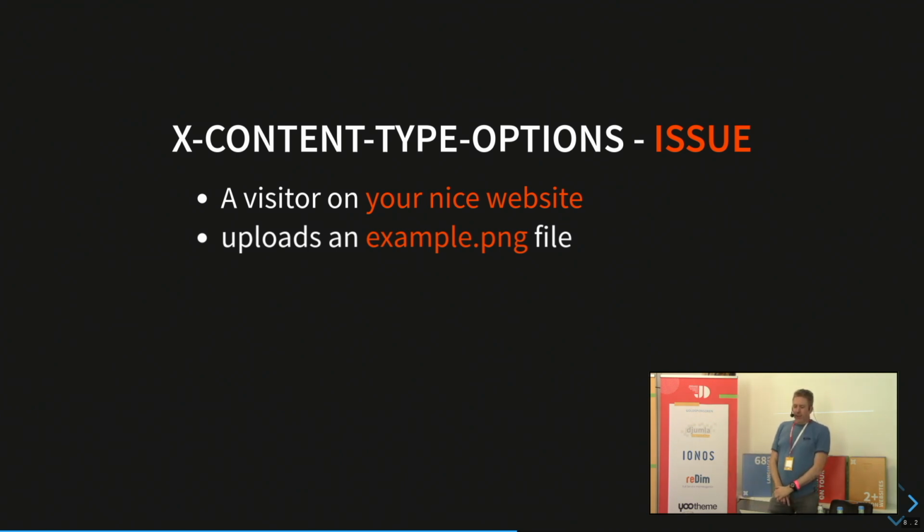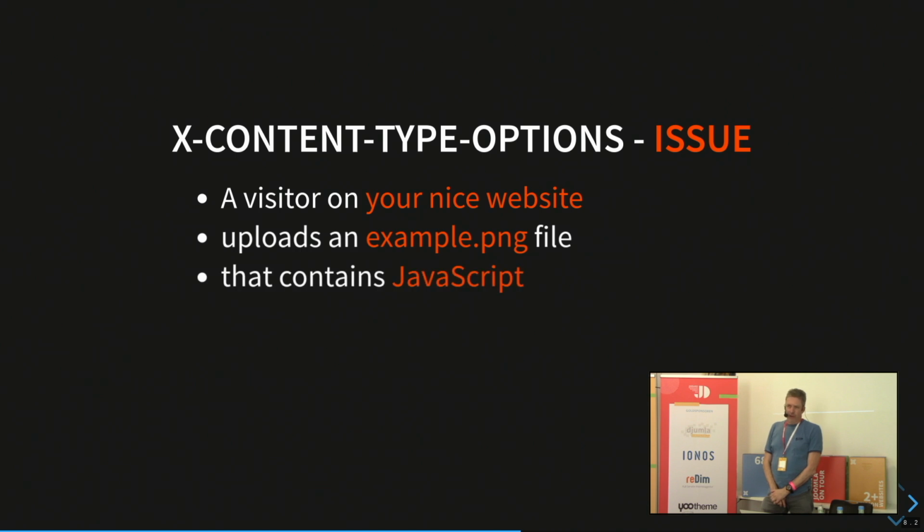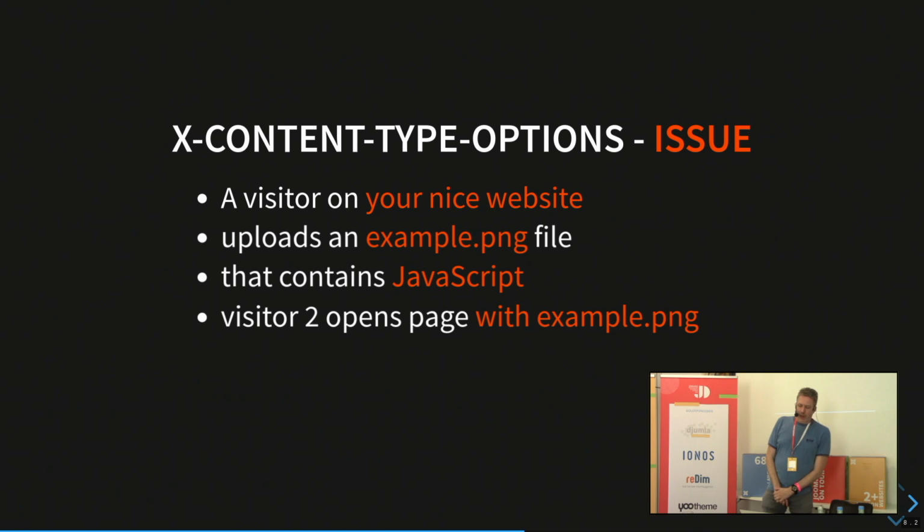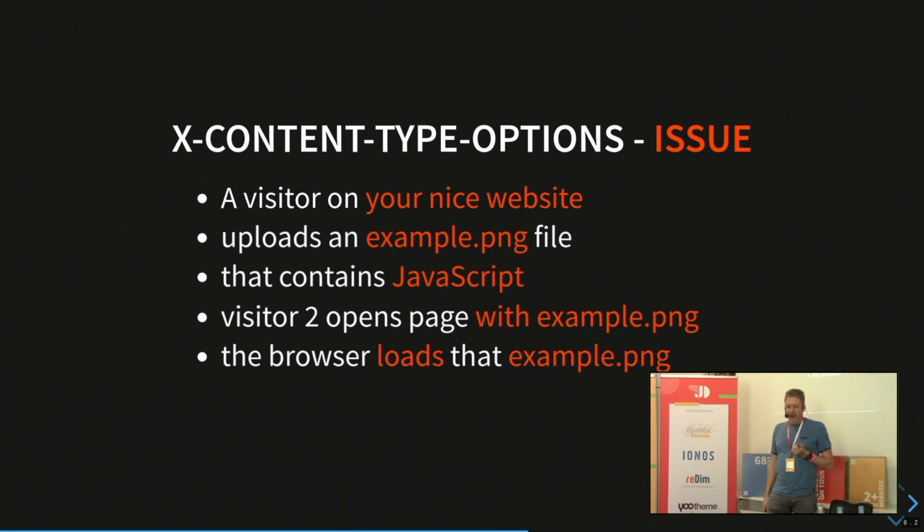What if this example.png is not a PNG, but some JavaScript called PNG? If a second visitor opens that page where the example.png is loaded, they might run the JavaScript. If the browser opens the PNG, it sniffs and sees, oh, hold on, it's not a PNG, it's JavaScript, so let's serve it as JavaScript. So then it's run as JavaScript.